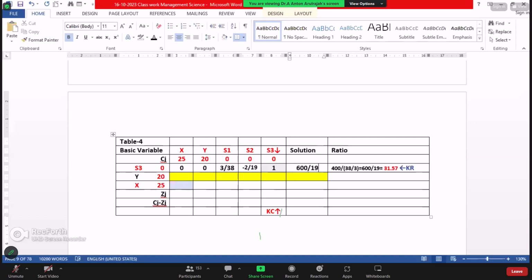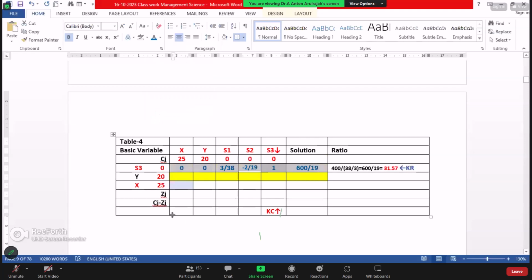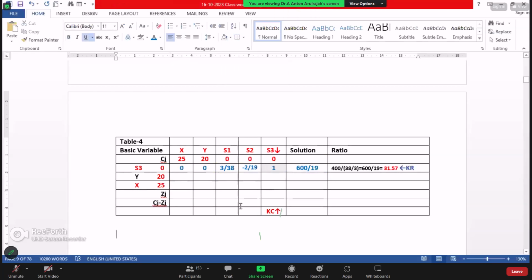Right, this is the new row. Now this is the new row, right? Yeah, I make this new row in blue color. So I put the things as usual.